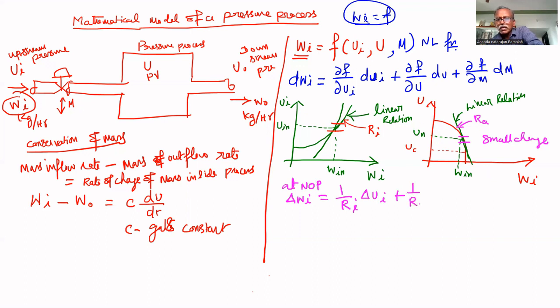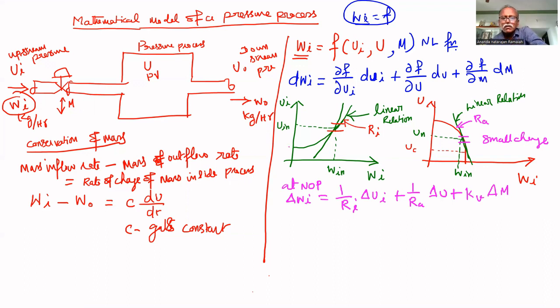Therefore, 1/Ra Δu plus ∂f/∂m, that is the change in flow rate per change in valve opening, that is the valve gain Kv, times Δm.